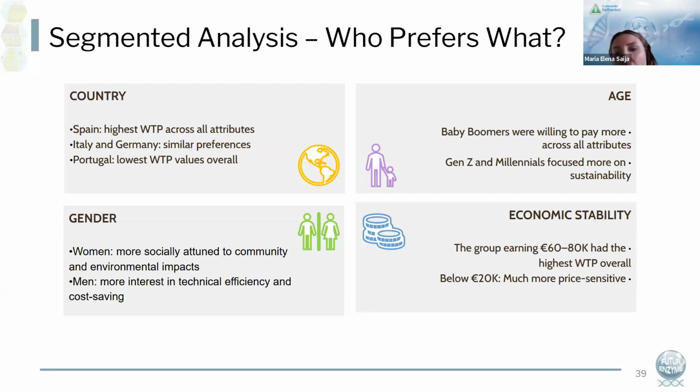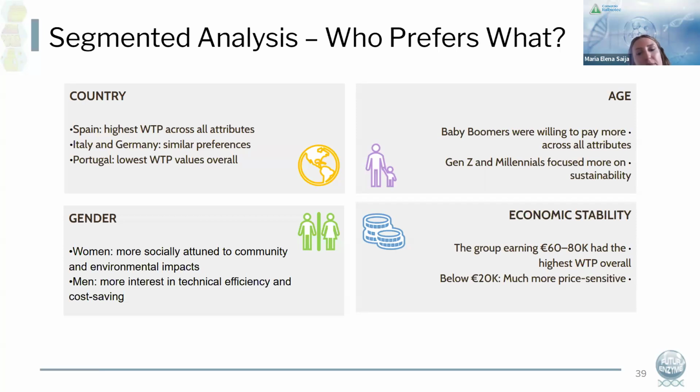Baby boomers exhibit the highest willingness to pay across most attributes, reflecting a strong preference for integrating effectiveness and sustainability. This finding was a little bit unexpected, because previous research has clearly suggested that the younger generation tends to be more environmentally conscious.